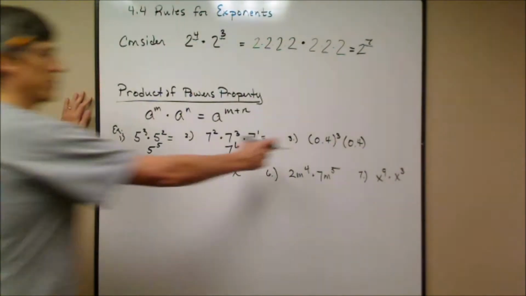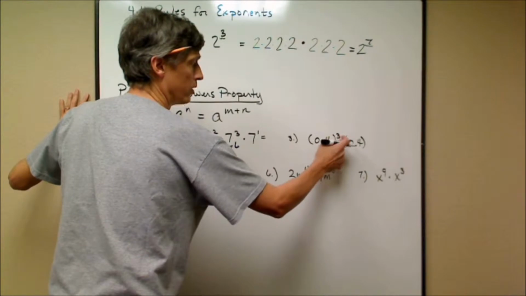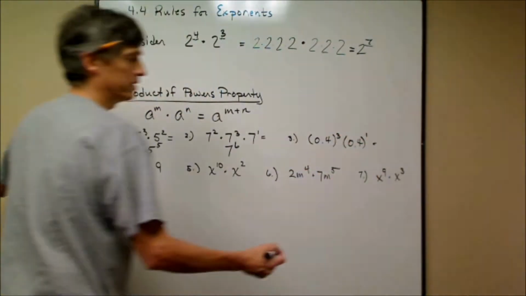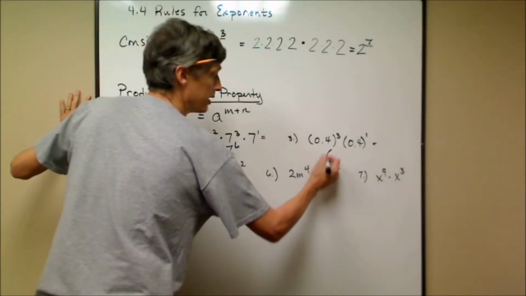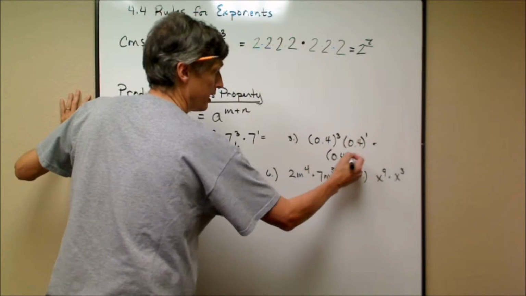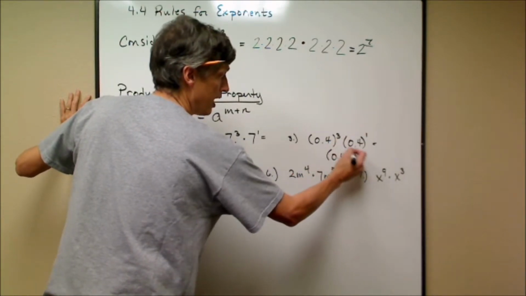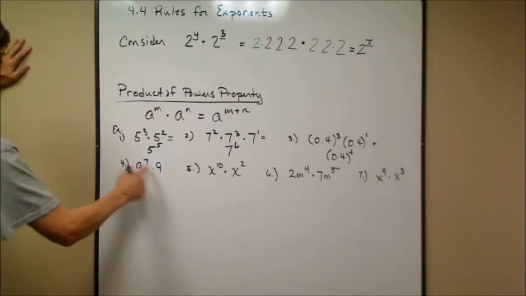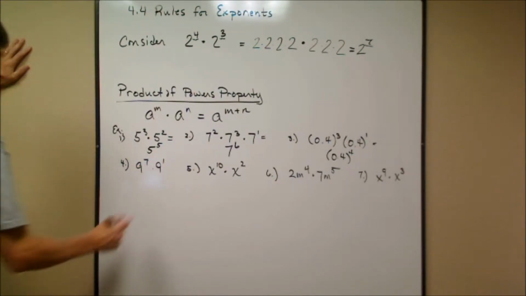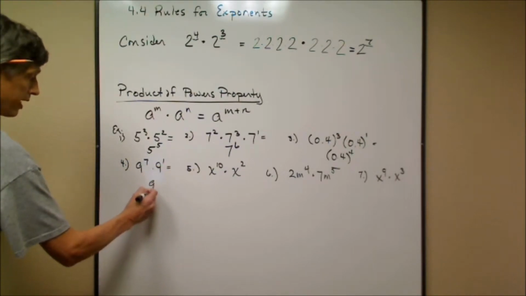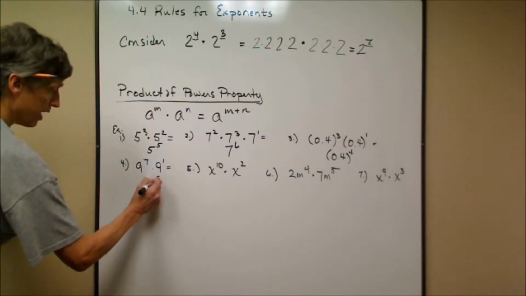Even when the base is a decimal, like 0.4 to the 3rd times 0.4, which with no exponent is as if it was to the 1st power, I keep the base the same and add the exponents, giving 0.4 to the 4th. Now I have 9 to the 7th times 9. Again, it's like 9 to the 1st. When the exponent isn't there, it's understood to be a 1. This is 9 to the 8th power.